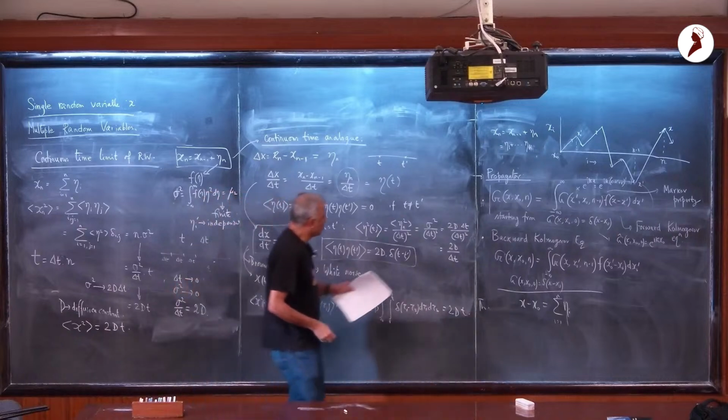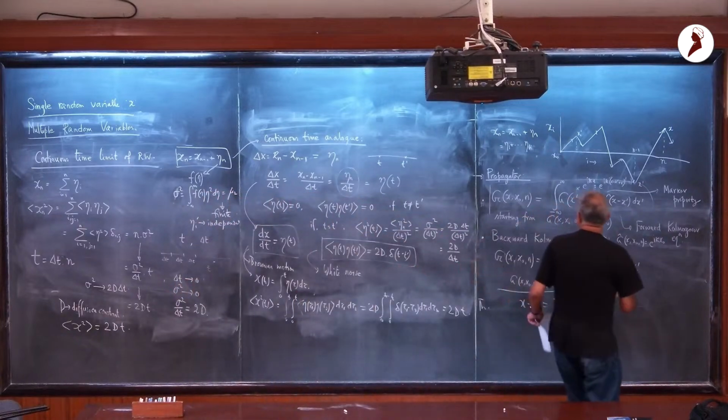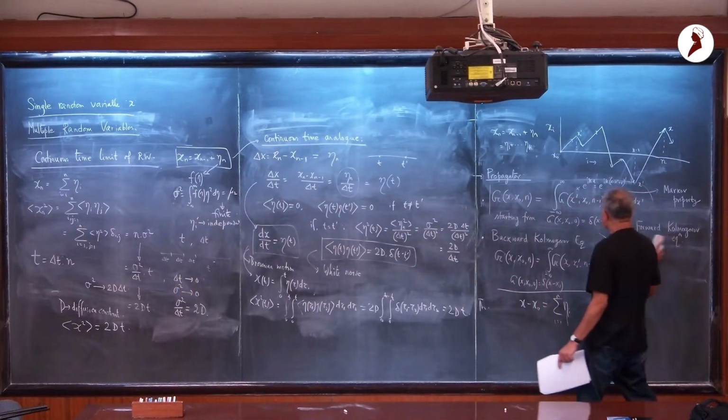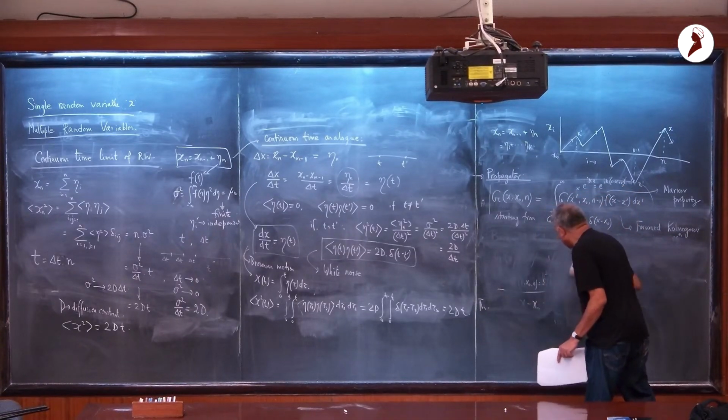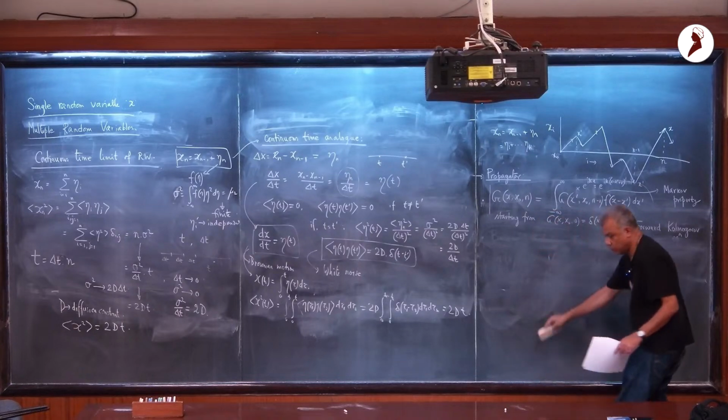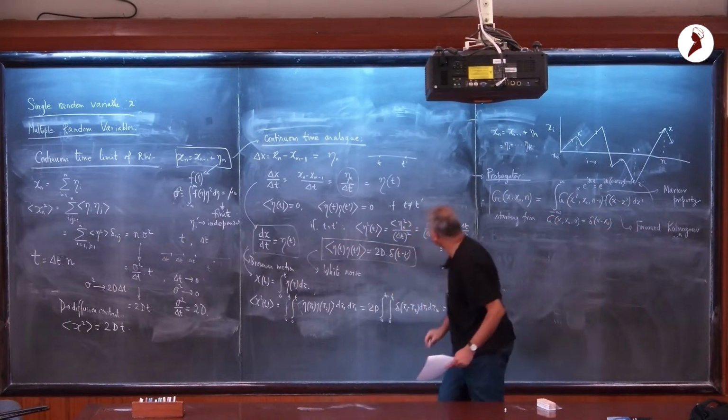And so, to see in this equation here, for example, the forward Kolmogorov equation, what does that become in the continuous time limit?